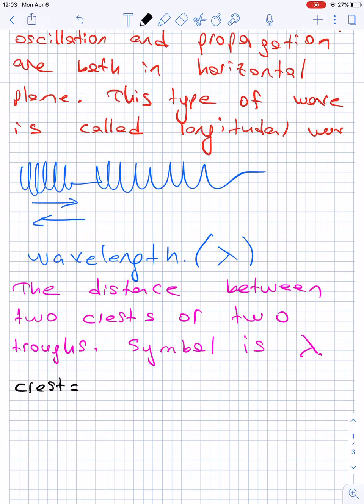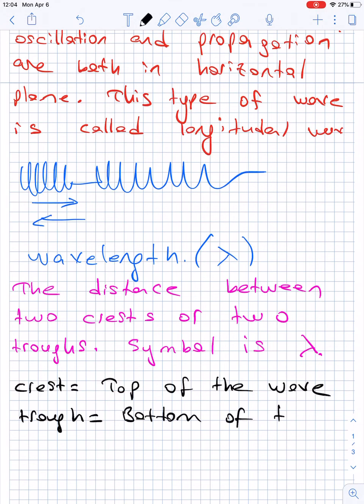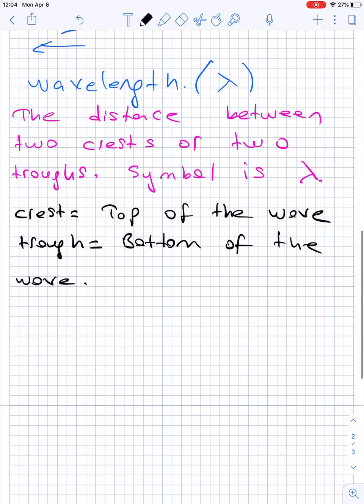What is the crest? Top of the wave. What is the trough? Bottom of the wave. Okay, now let's show on the wave how the crest and trough look.